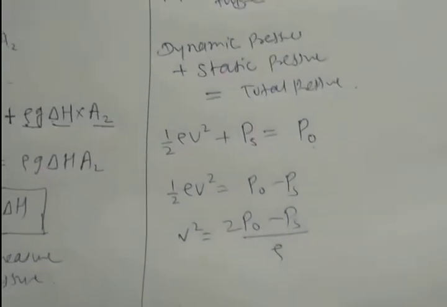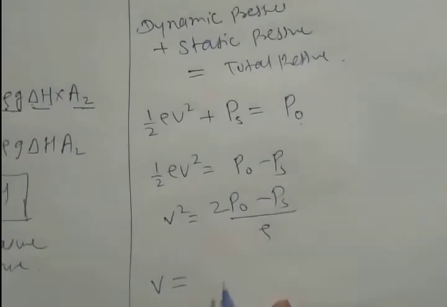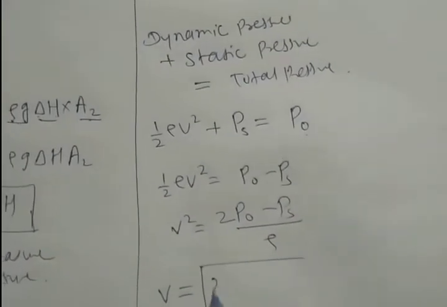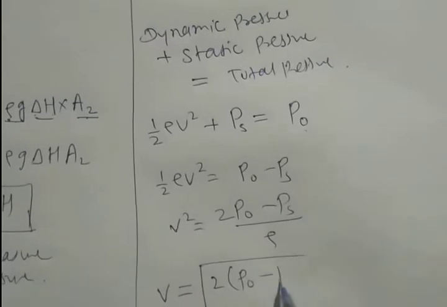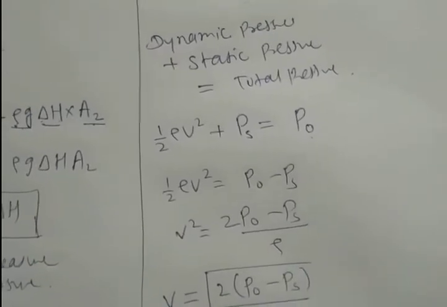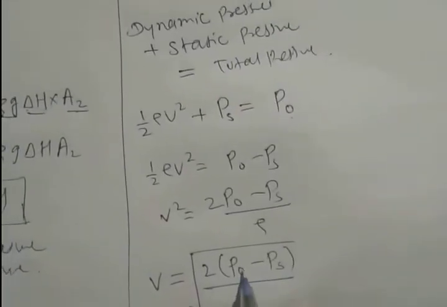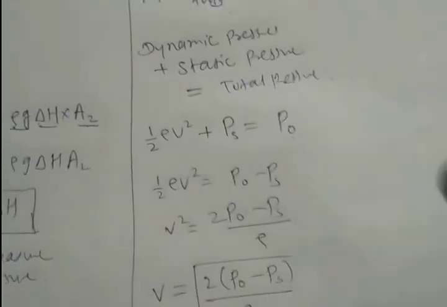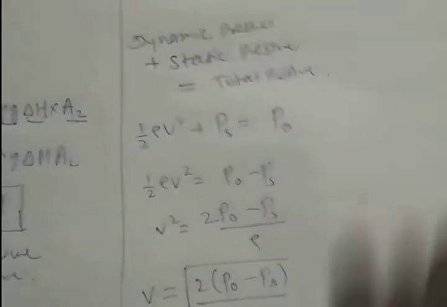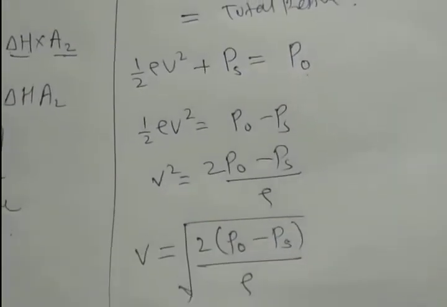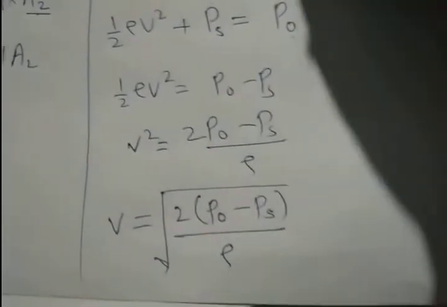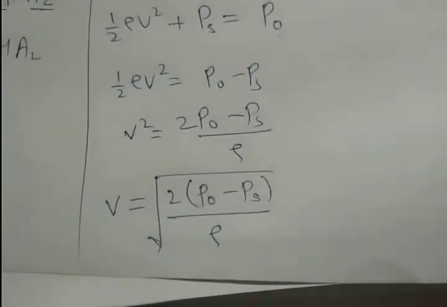From this we can calculate V, which is equal to the square root of 2 (P naught minus PS) divided by rho. P naught is the absolute or stagnation pressure, and PS is the static pressure. So from this we calculate the velocity of the aircraft, or the airspeed of the aircraft.